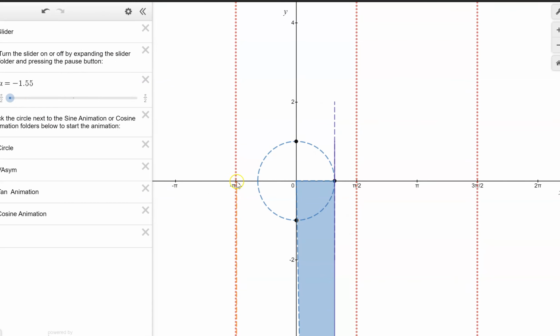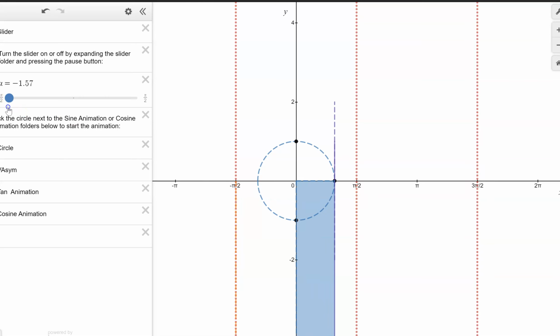Tangent has our negative pi over 2 to pi over 2, because these are undefined values. If you remember the unit circle, as we go around, right here, this is when we have an x value of 0. And if you remember, tangent is y over x. So we're getting a denominator of 0. So at pi over 2, we have a denominator of 0. It's undefined. And so tangent looks like this.